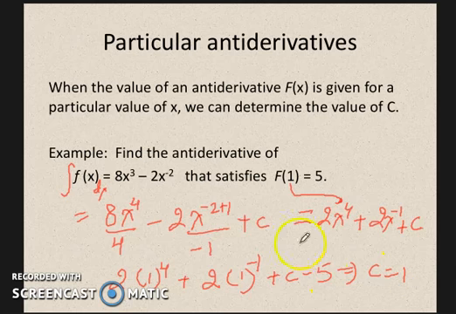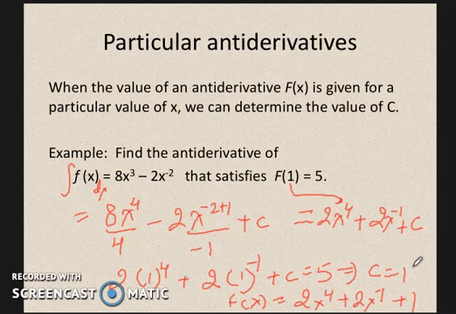And now your antiderivative, the uppercase F of x, will be 2x to the 4th plus 2x to the negative 1 plus 1. So that's our antiderivative of that.